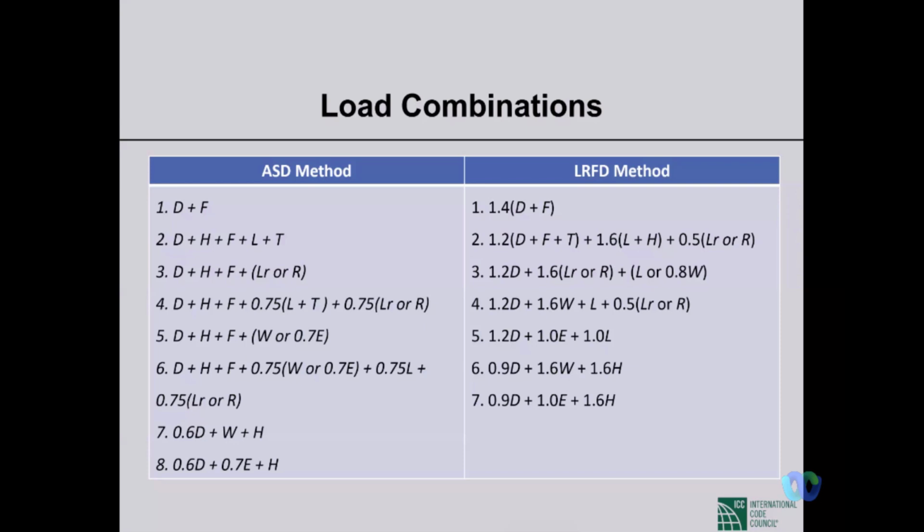In BNBC 2020, we don't have that. We have both for concrete and steel. For strength design, we have a set of load combinations, and for allowable strength design, we have a different set of load combinations, but these are same for concrete and steel. So this is very important. And since you have already covered the concrete part, you are familiar with the load combinations.